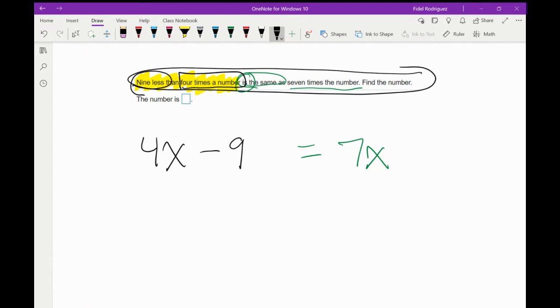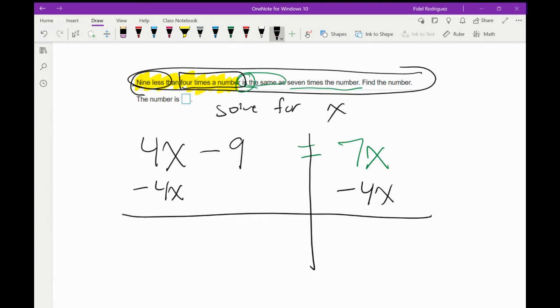So what I'm going to do now, I'm trying to solve for x, right? So I'm going to get my x's all on the same side. If you've watched the videos, I usually put a little line like this because I have x's on both sides. So I'm going to move the smaller x to the bigger x. Okay. So those 4 x's are going to cancel.